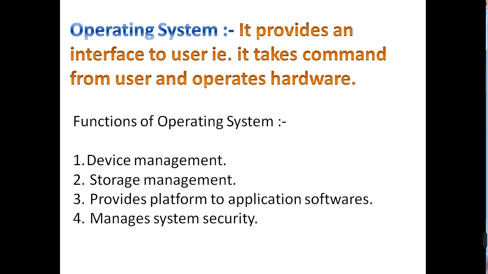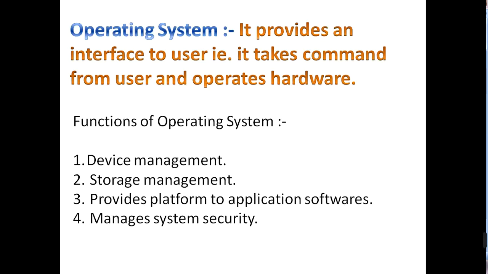So this is the case for computers also, where we need an operating system like Windows, then we can install any other application software in our computer. So we can say the platform for application softwares is provided by the operating system.